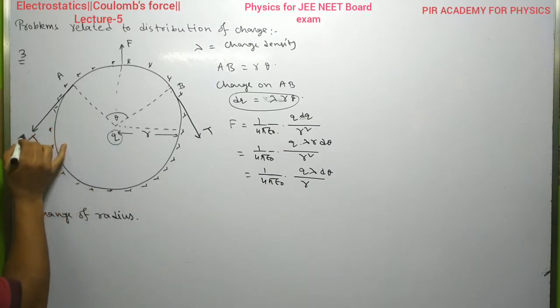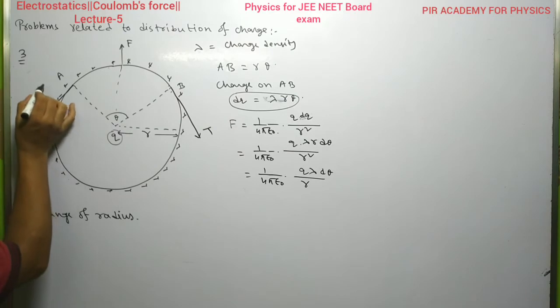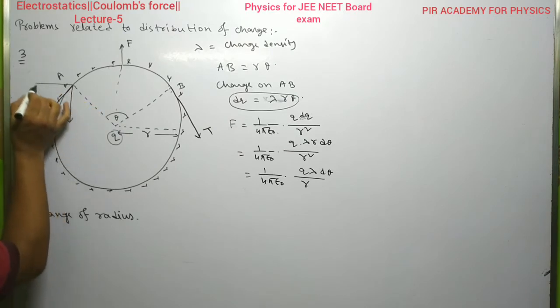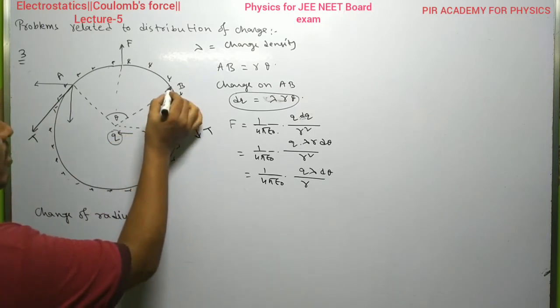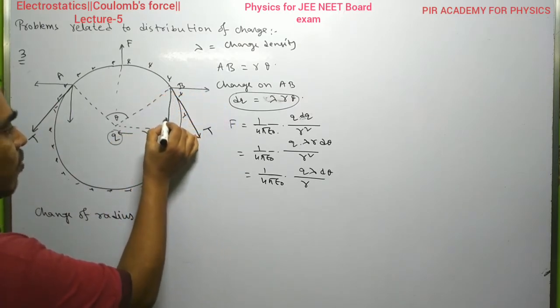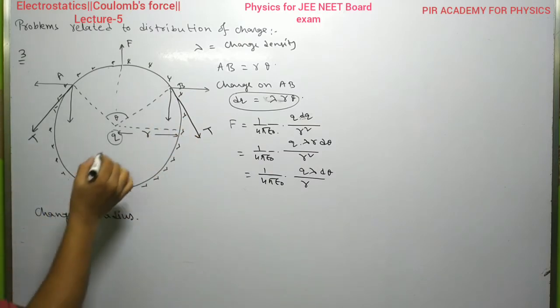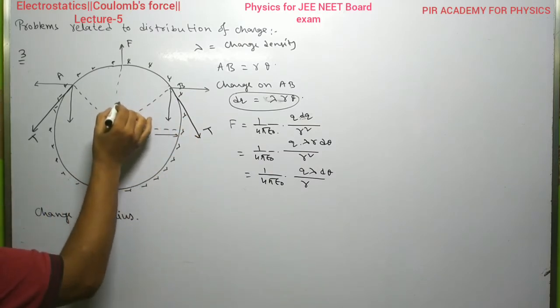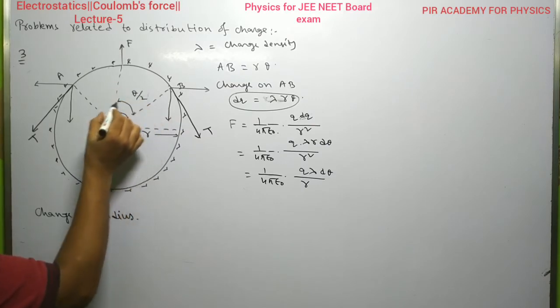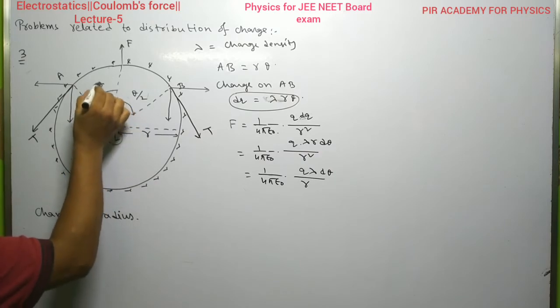Then if I resolve this tension along this direction, and this tension is resolved along this direction. So if the total angle is theta, then this will be theta by 2, and this will be theta by 2.